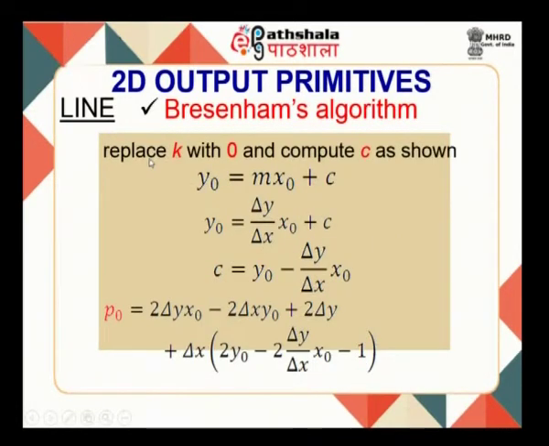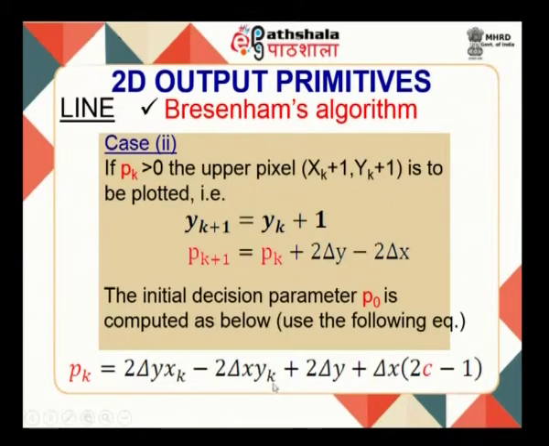That is what is mentioned in this slide: replace k with 0 and compute c as shown. The c is colored in red to indicate that this is the odd man out in this entire equation.